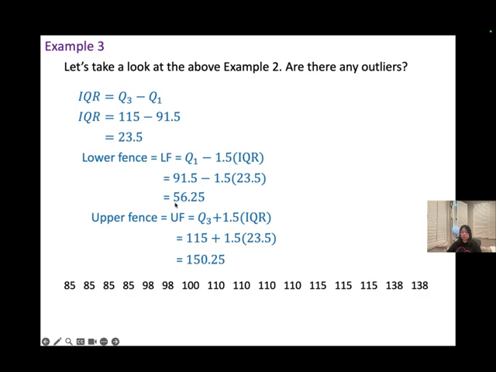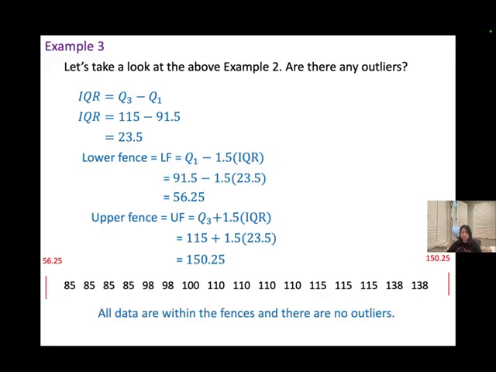So the lower fence is 56.25, somewhere like here, and the upper fence is 150.25, like here. There's no data less than 56.25 and no data greater than 150.25. So we can say all the data are within the fences and there are no outliers.